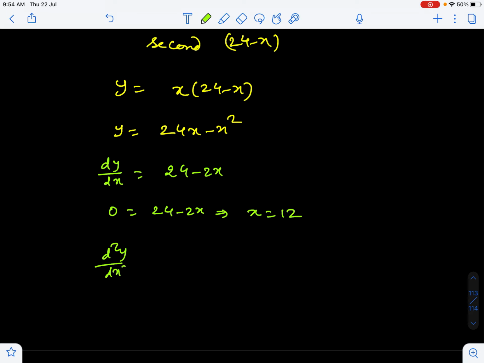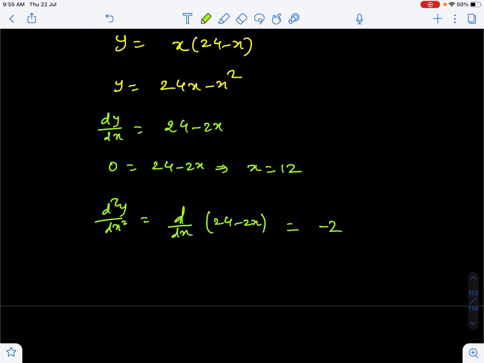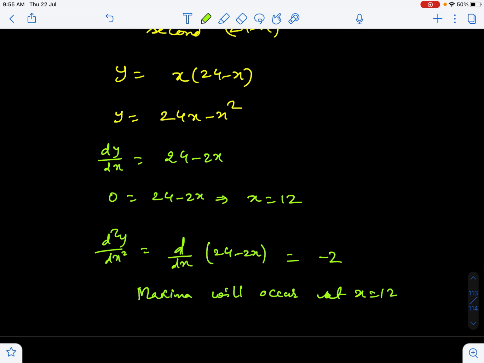Now guys, third step, I have to calculate d2y by dx square. d2y by dx square is d by dx of 24 minus 2x. You know that differentiation of a constant is 0 and this is minus 2. So the second derivative is negative. That means maxima will occur at x is equal to 12.